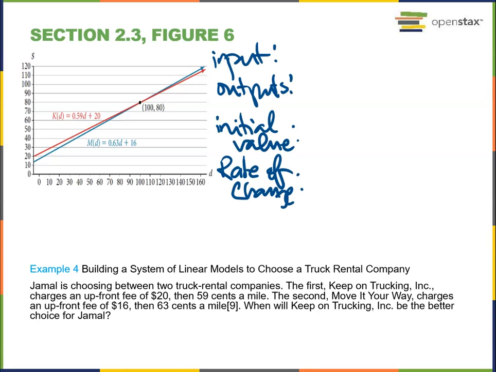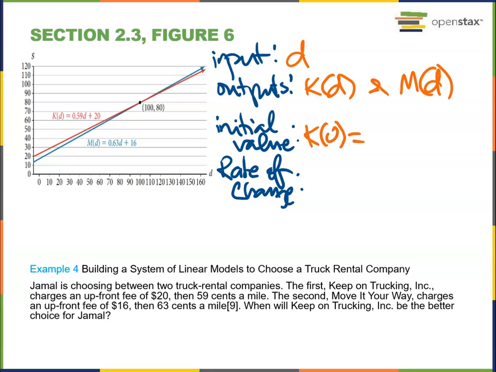Define these values here. The input based on the problem is the distance driven in miles, so let's use that as D. The outputs are K of D and M of D, Keep on Trucking and Move It Your Way. The initial value, the upfront fee when D is 0, is $20, and for Move It Your Way, the first payment is $16.